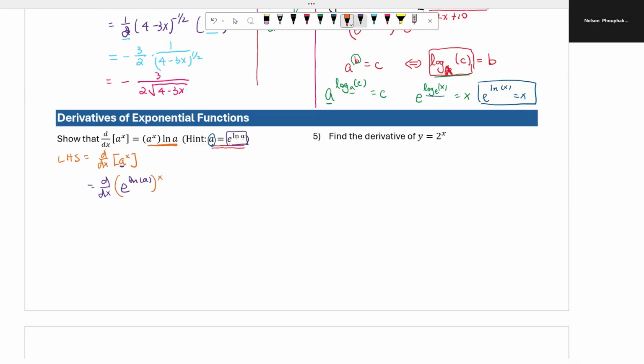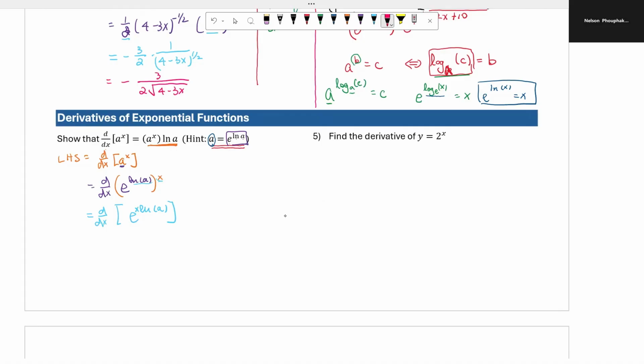Then we could multiply these two powers together, so I take the derivative of e to the natural log of a times x, x times natural log of a.